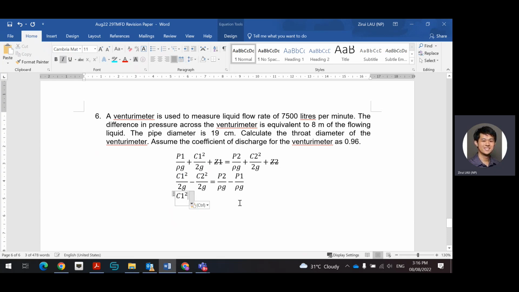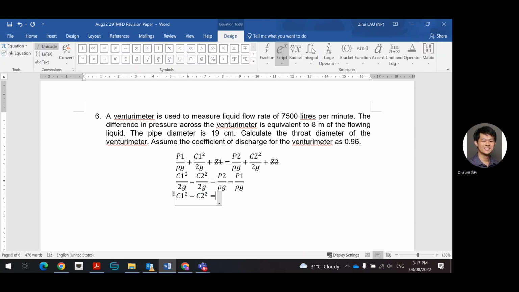I'm going to leave C1 minus C2 squared on the left. On the right side, it will be 2g.